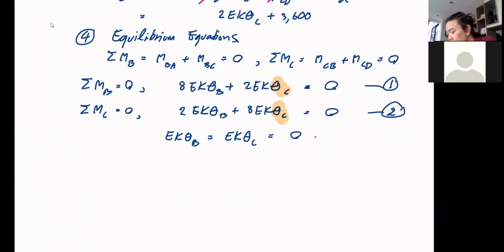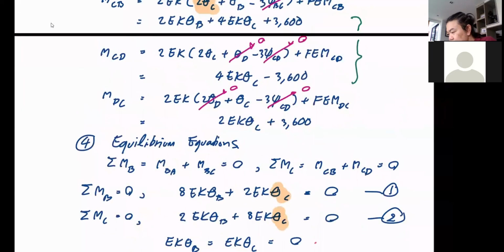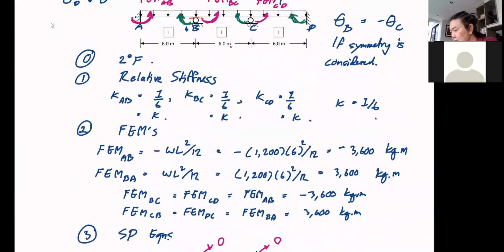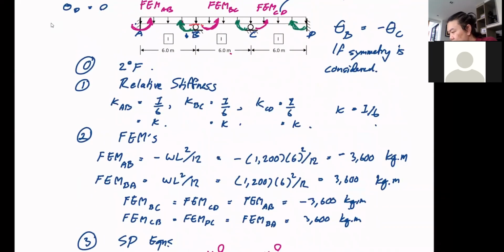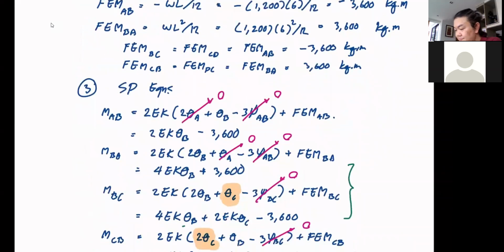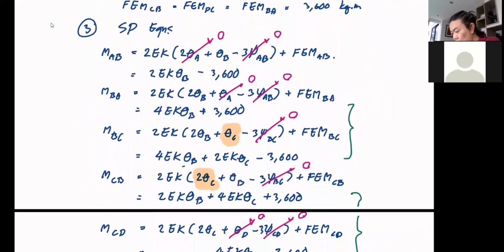Okay, so if we can take advantage of the symmetry from the beginning, you see that here you can take advantage of this, and now you should know that MBC is going to be exactly the same and opposite to MCB as well. So if you are going to take advantage of symmetry, your work will stop here.